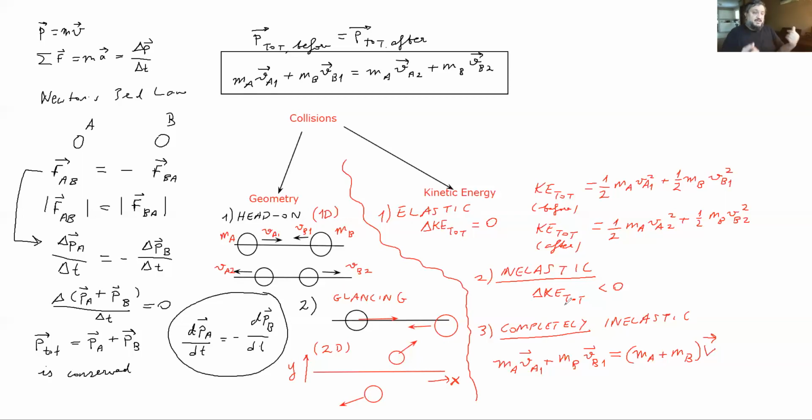You're driving your car, you speed up, you slow down, it changes. But for collisions, billiard balls and things like this, no matter what type of collision it is, momentum will always be conserved. Kinetic energy, you have to look at it. All right. So let me stop right here. In the next video, I'm going to show you how to solve some problems and how to maybe simplify these equations a little bit.